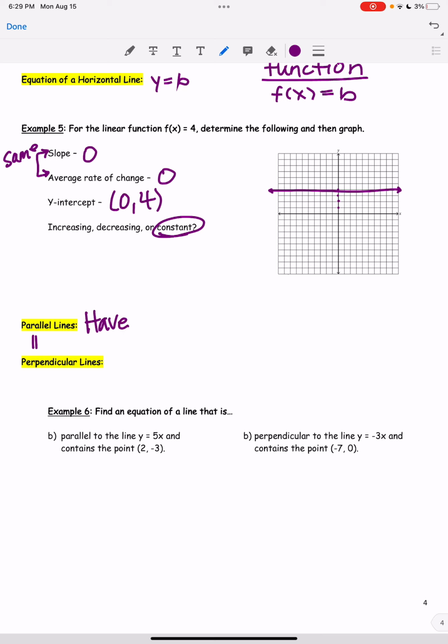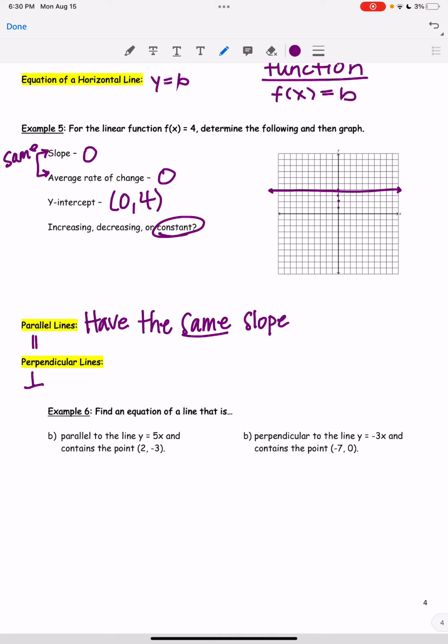So parallel lines have the same slope. Perpendicular lines, and that's your symbol for perpendicular, because perpendicular lines make 90-degree angles. So it looks like a 90-degree angle.